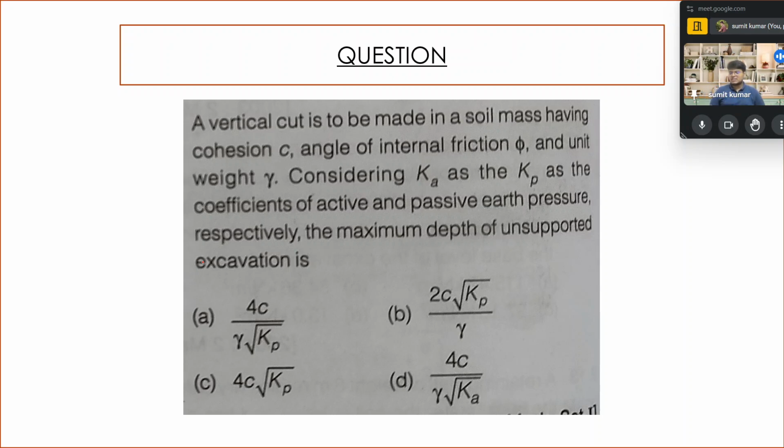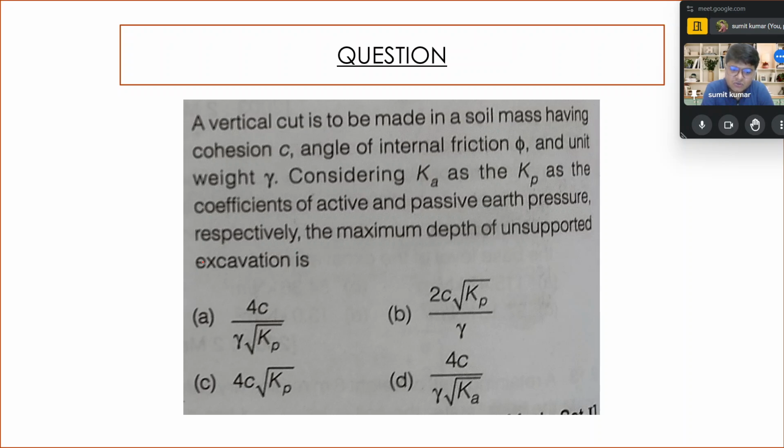Now we are moving to the next problem. The next question says that a vertical cut is made in the soil mass having a cohesion C, angle of internal friction phi, unit weight gamma, considering Ka and Kp as the coefficients of active and passive earth pressure respectively, what is the maximum depth of unsupported excavation?